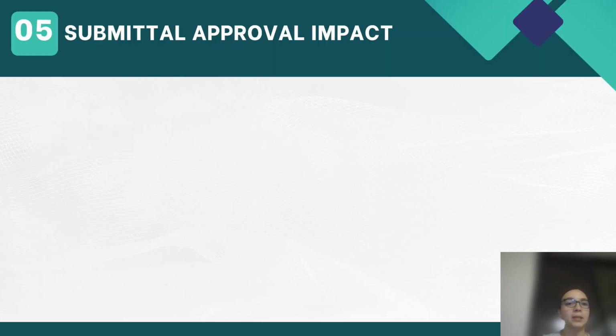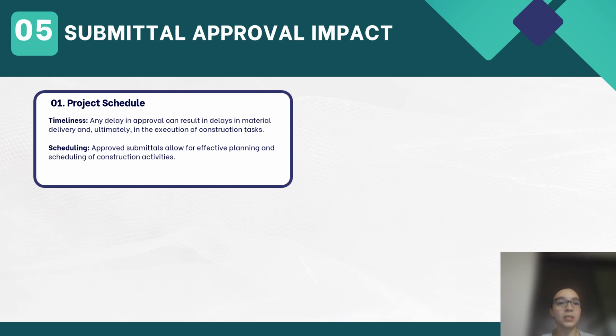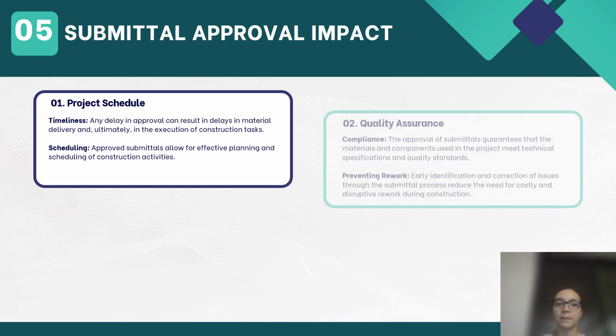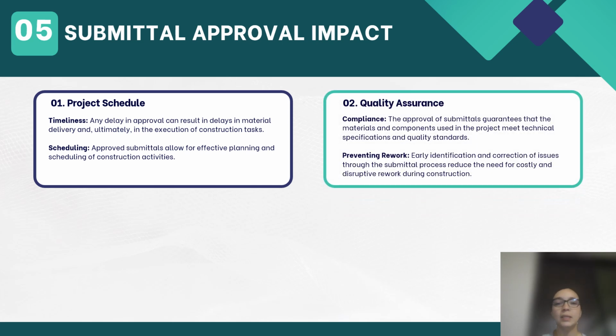Now, the impact of submittal approval on a project includes the project schedule. Timely approval is crucial to avoid delays in material delivery and construction tasks. Quality assurance ensures materials meet technical specifications and quality standards, preventing costly rework.